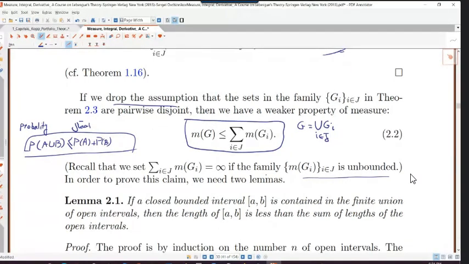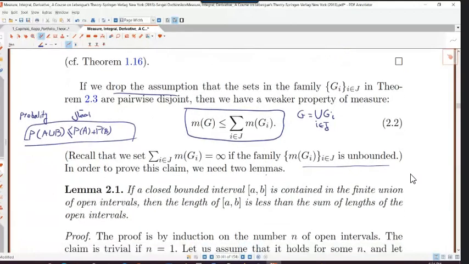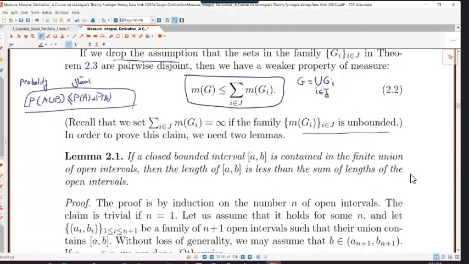In order to prove this claim, we need two lemmas. Lemma 2.1 says if a closed bounded interval from A to B is contained in a finite union of open intervals, then the length of A to B is less than or equal to the sum of lengths of the open intervals. Okay?